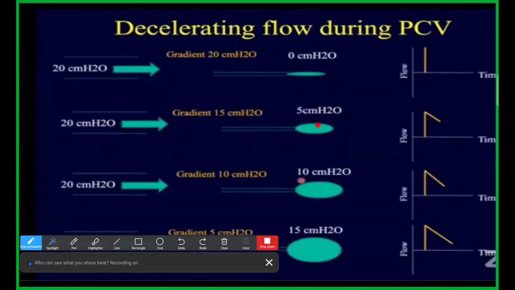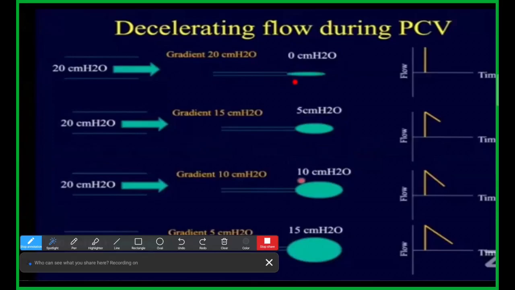So there will be a pressure gradient. What is the pressure gradient? It is the difference between the ventilator pressure and your alveolar pressure. In the first case, the gradient is 20 centimeter H2O since the alveolar pressure is 0. Naturally, when the alveolar pressure increases, the gradient is going to decrease. This is how it is seen on your scalar.